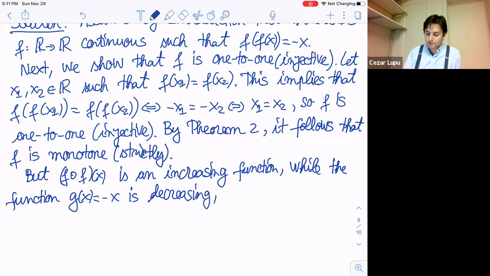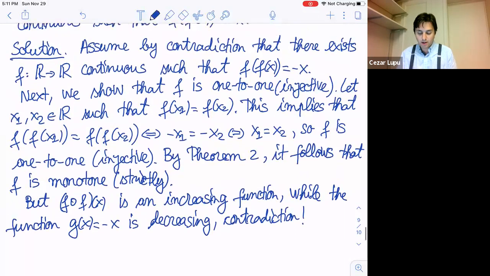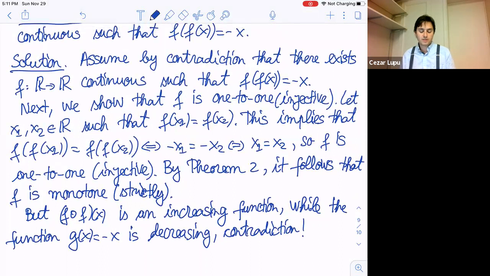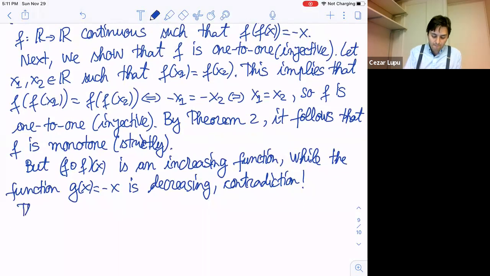So that's a contradiction. We cannot have a strictly increasing function equal to a decreasing function. That's not going to happen. Where did the contradiction come from? By our assumption that there exists such a function. Therefore, there is no such function.